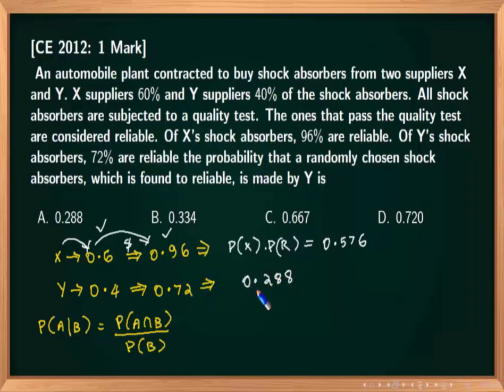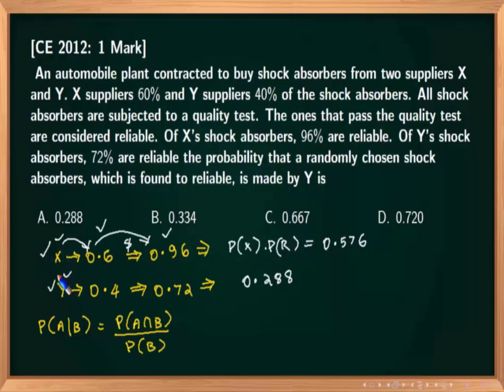Now, you want to find the total probability of getting a reliable shock absorber regardless of the supplier, out of the total, say, infinite number of shock absorbers that you have. You have to find the probability that it is a reliable one, which means that either it can be a reliable shock absorber supplied by X, or it can be a reliable shock absorber supplied by Y, which means that I am ORing it.